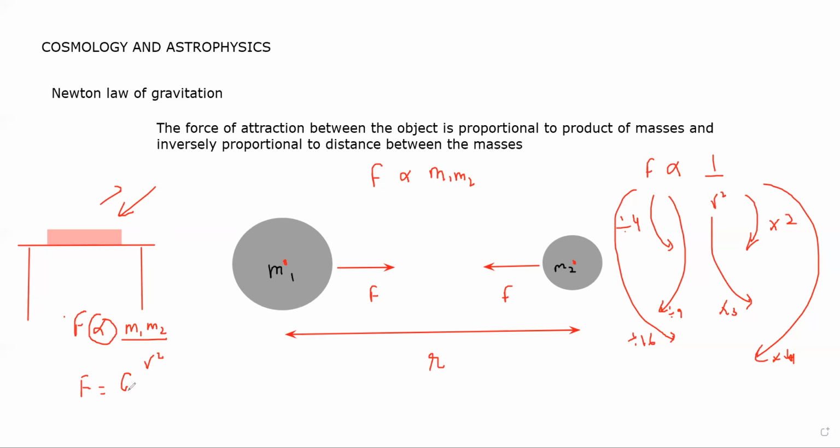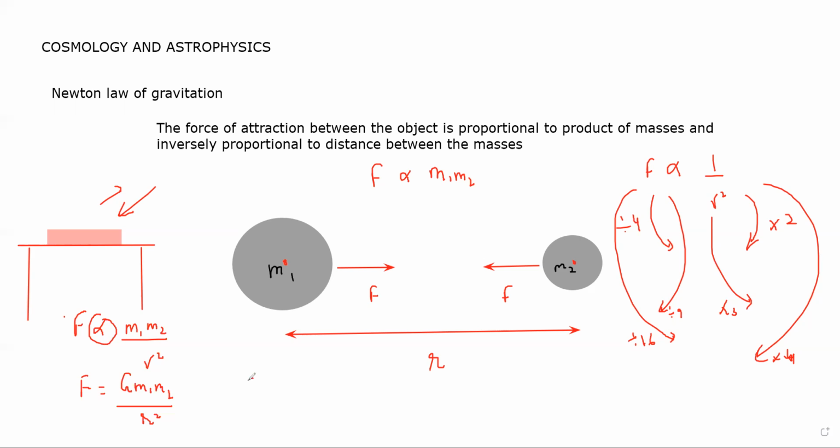That constant is G, which is also known as the gravitational constant, and constants have a fixed value. Some constants change their value according to the condition or the medium, but this is a universal law of gravitation, so its value remains the same throughout. It is independent of whether the two objects are on the surface of the earth or on the surface of Jupiter or in space.